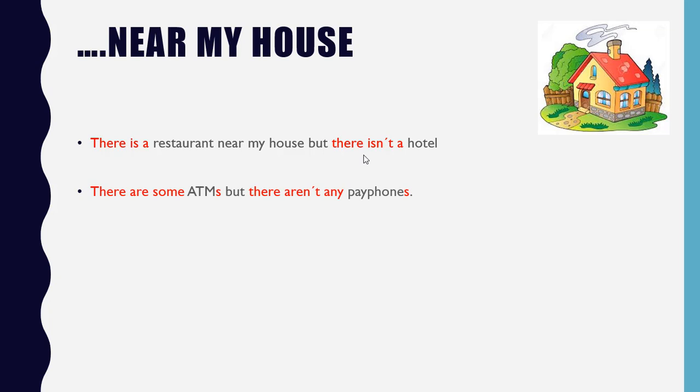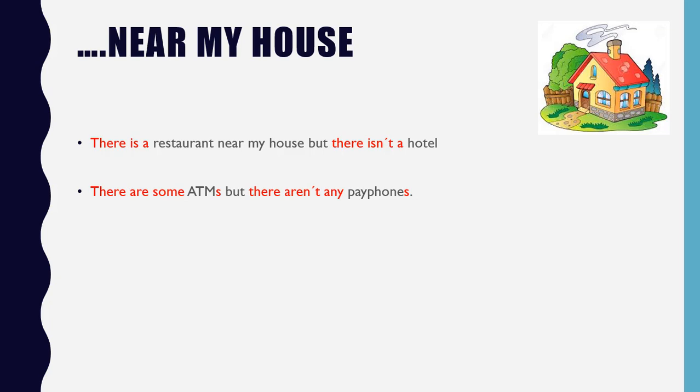Second sentence. There are some ATMs. So look, ATMs is in plural. So when we have plural we use there are. It's the same in Spanish. And we can use this word some, that is algunos.